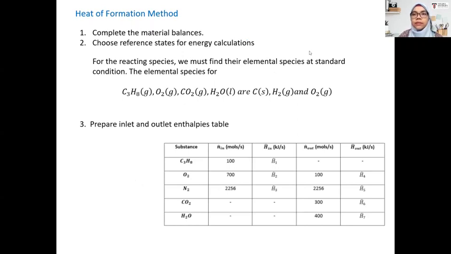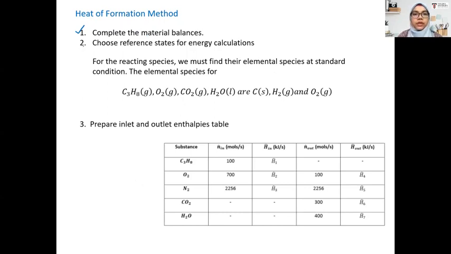Okay, the second method is to use the heat of formation. Previously we learned about the heat of reaction, and this is related. If we use the heat of formation method, the first thing is to complete the balance. We have done this because all the information is given in the question.